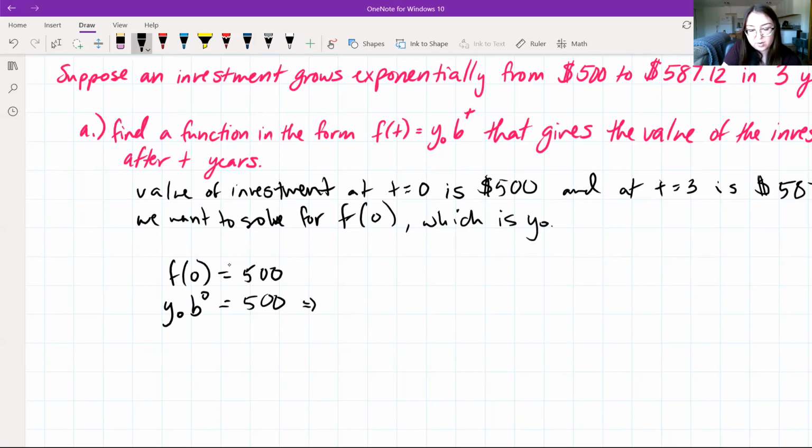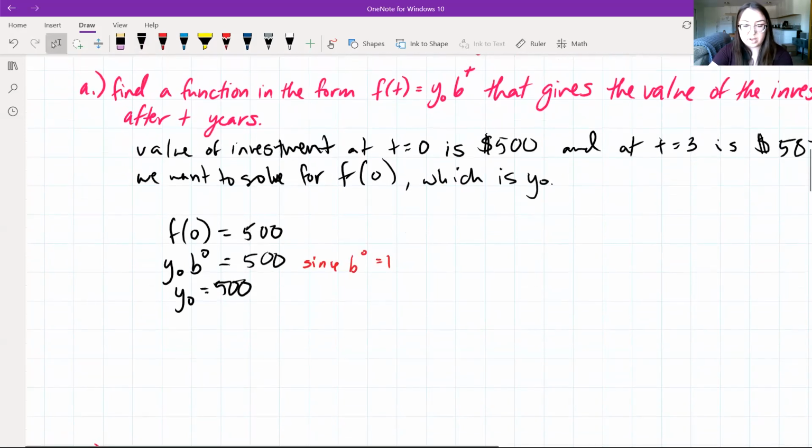And since we know that anything to the 0 power is 1, this means that y naught is equal to 500. I'll write this down here. Y naught is equal to 500, since b to the 0 power is equal to 1. All right.